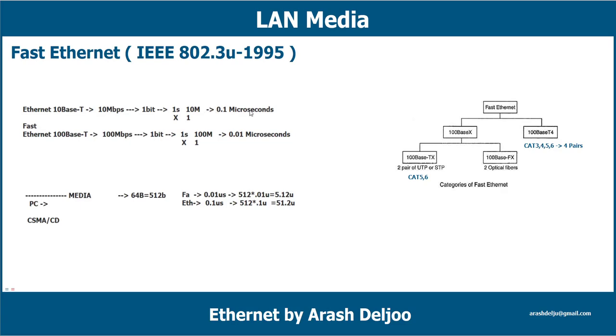It is obvious, okay? And also in the fast Ethernet, in the 100 base T or TX, for example, it means that we have 100 megabit per second of data rate. What does it mean? It means that we can send 100 megabit in 1 second. And because of that, 1 bit can be sent in 0.01 microsecond.